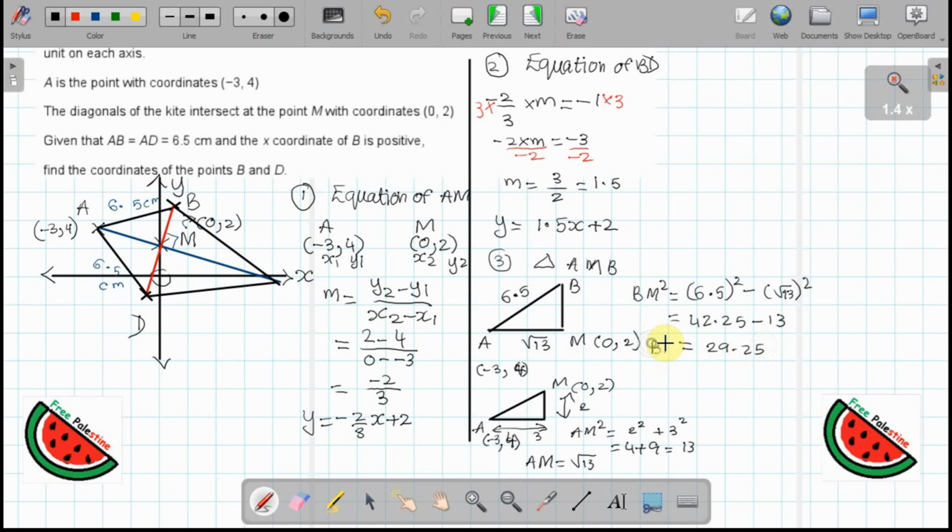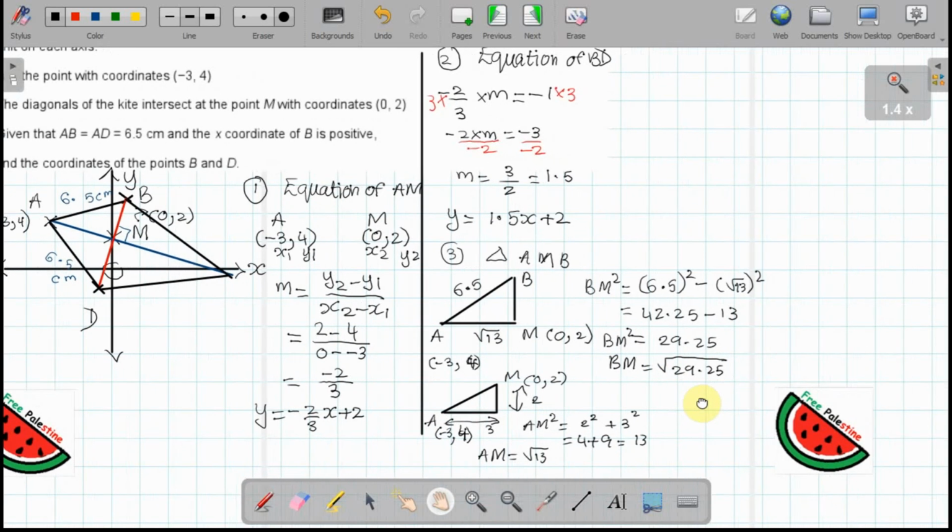That's BM squared. So BM is the square root of 29.25. So that's the length of BM.